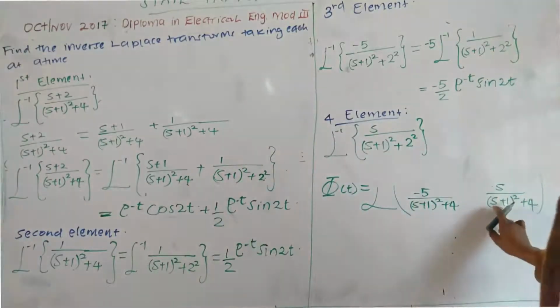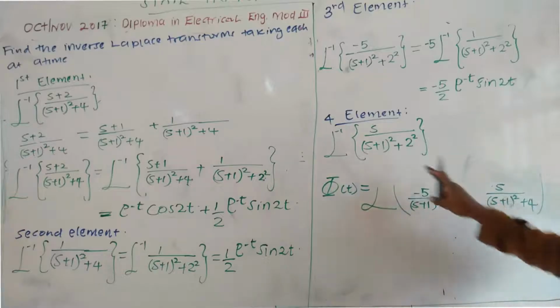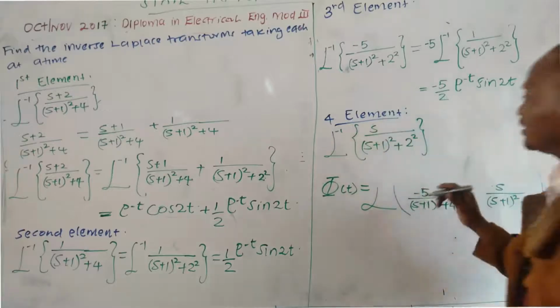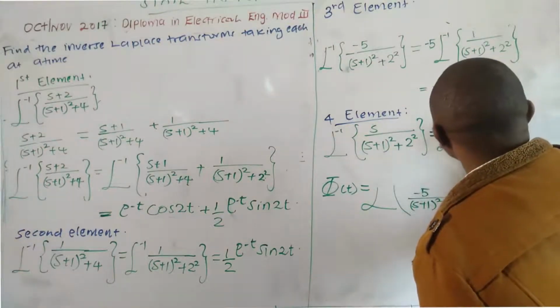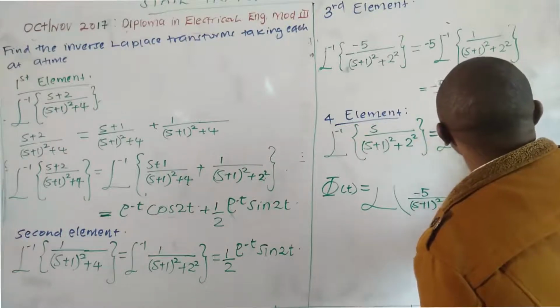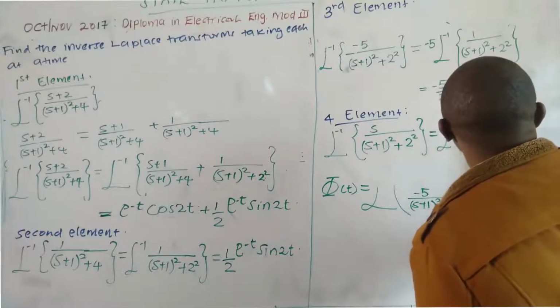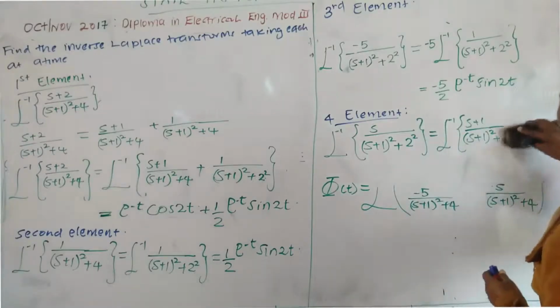But there is a plus 1 here, which means at the top there should also be a plus 1. So I have the inverse Laplace transform of (s plus 1) over (s plus 1) squared plus 2 squared.